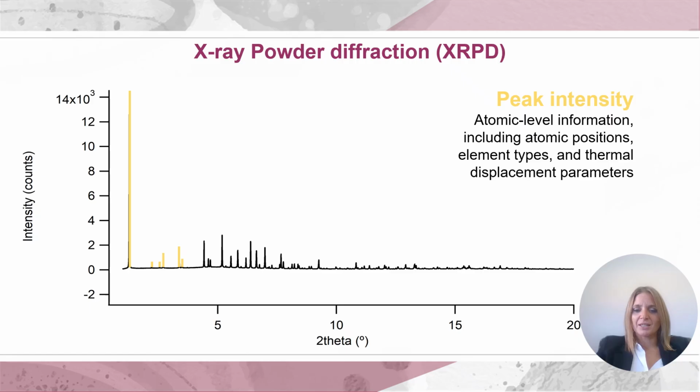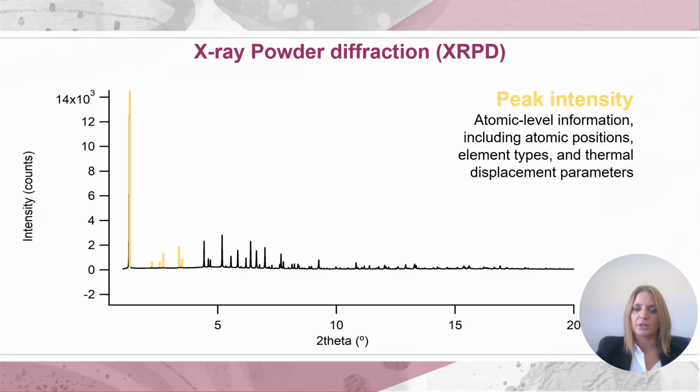The third thing that we have to take into account when we read our diffractogram is the peak intensities, because peak intensities carry the atomic scale information. Through full pattern fitting, which is usually done by Rietveld refinement, we refine atomic positions, site occupancies, and thermal parameters.